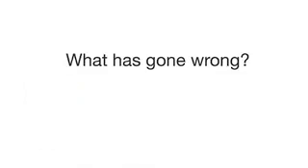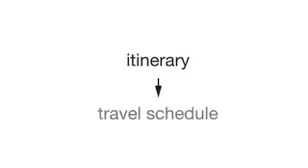Oh dear, what has gone wrong? I think Anna's niece needs some help, don't you? Let's see again what the problem is. The itinerary is the problem. Anna's niece has been given the wrong itinerary. An itinerary is a travel schedule.